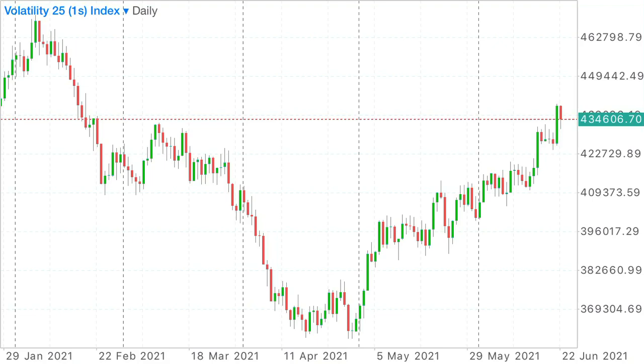Guys, as always, when we analyze, we start from the higher time frames to the lower time frames, right? So that we can get a clear picture of where the overall direction of the market is heading. For making entries, you can start from the smaller time frames to the higher time frames.